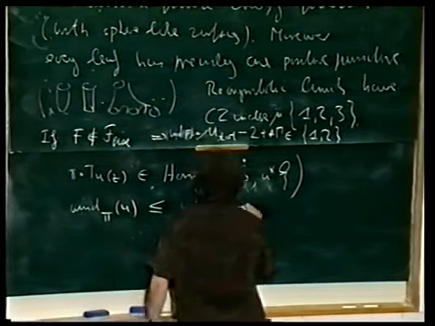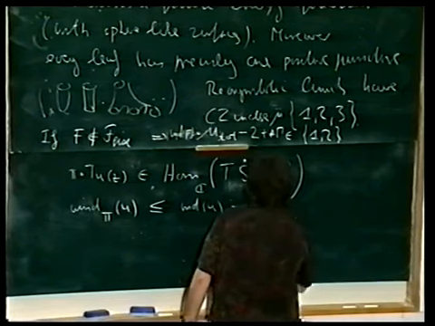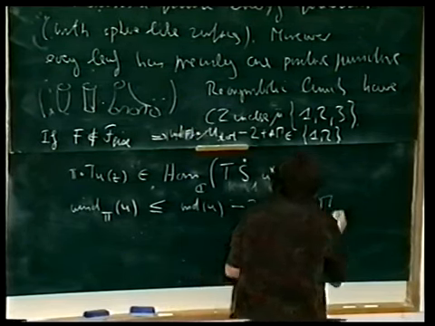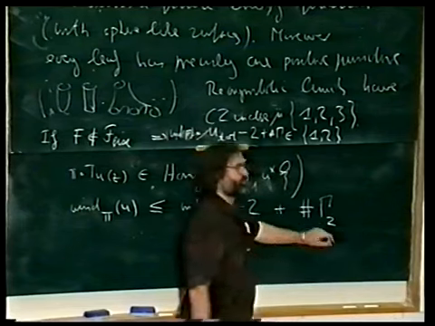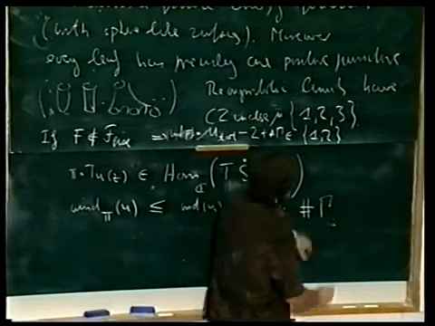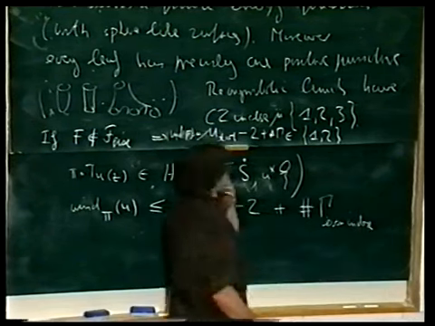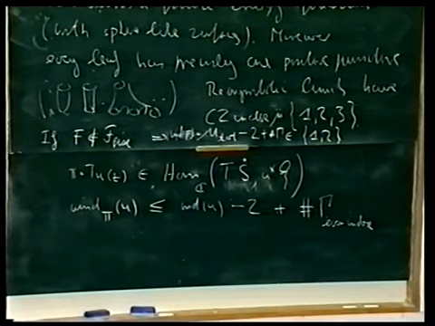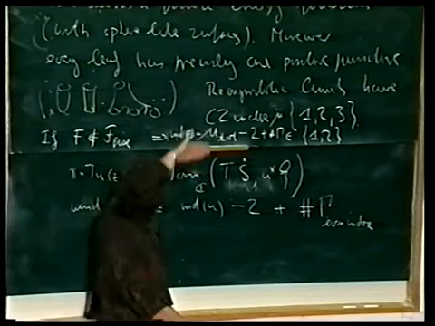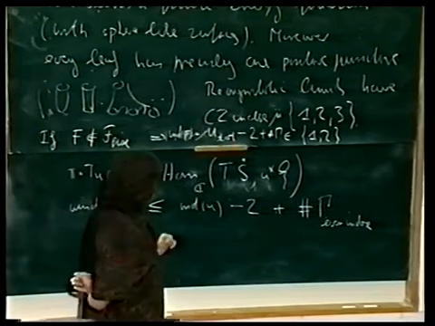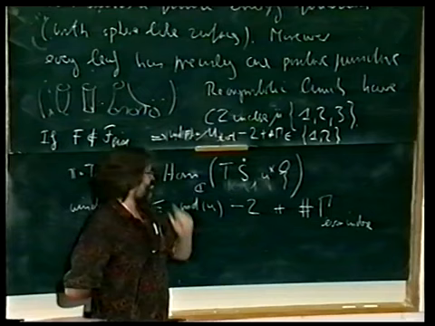Minus 2 plus the number of punctures of index 2. Actually, in general, the number of punctures of even index. So now it turns out that these conditions here control that there can be at most one of these.